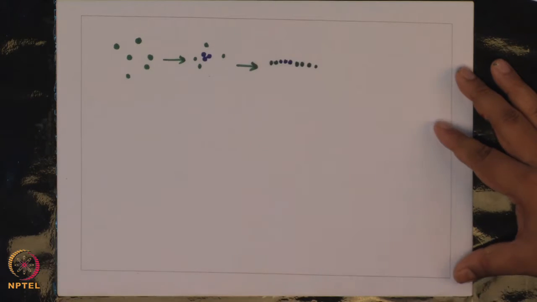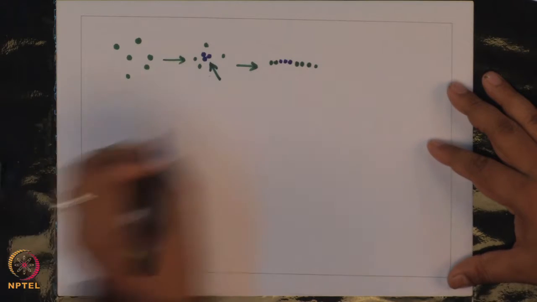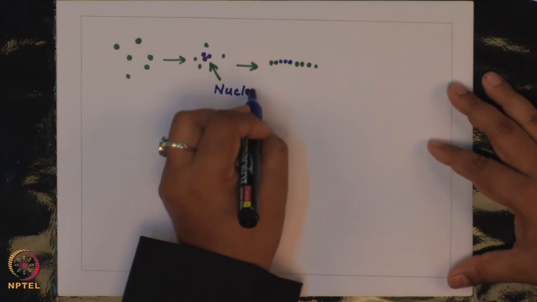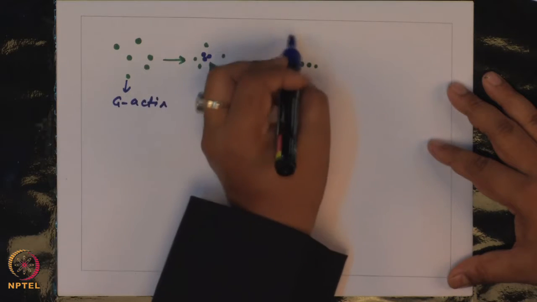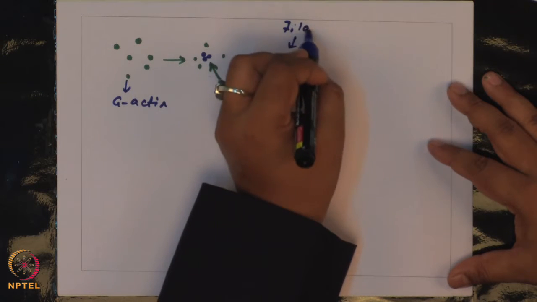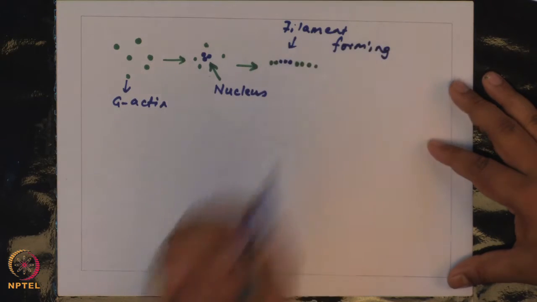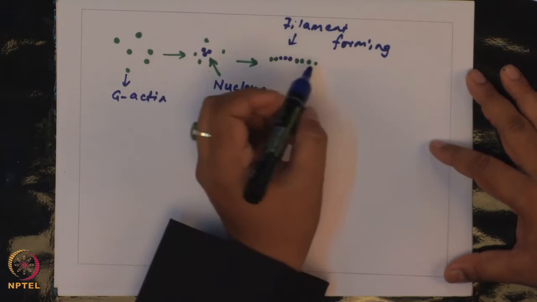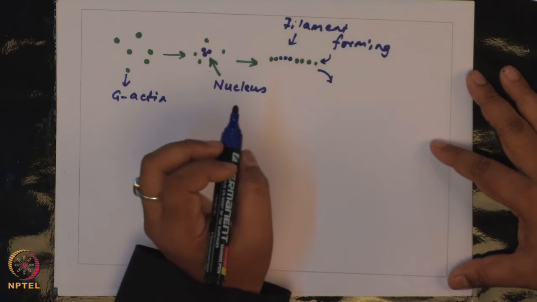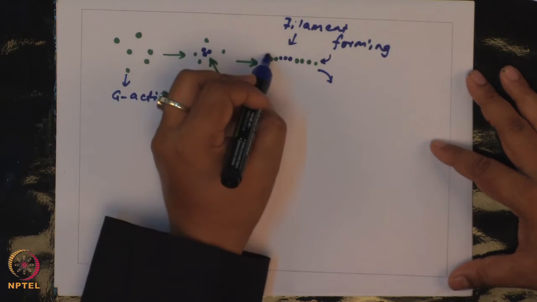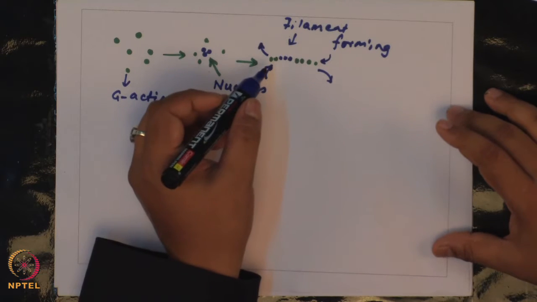This entity is called a nucleus. These green dots are my G actin and this is my filament forming. In this filament, you can have a new monomer getting added or coming out of it. Similarly, you can have addition or removal from one end.